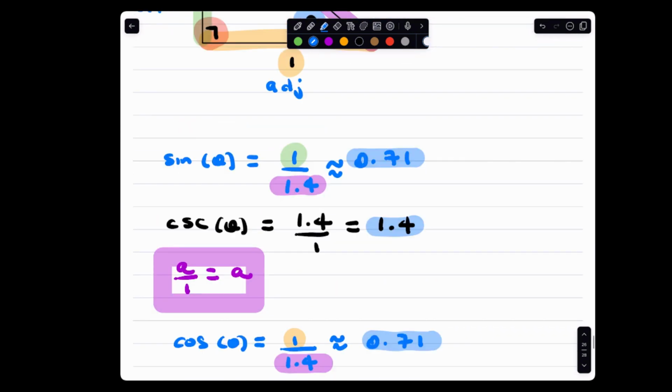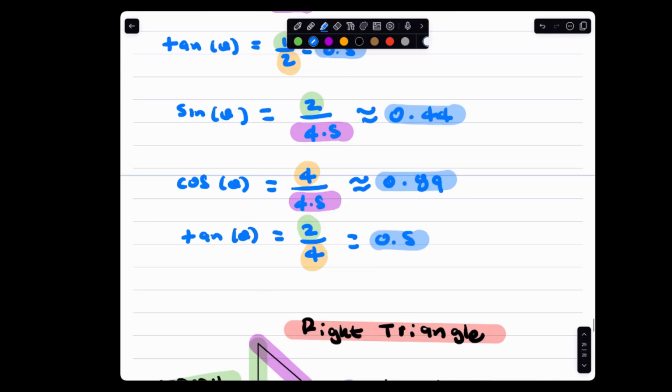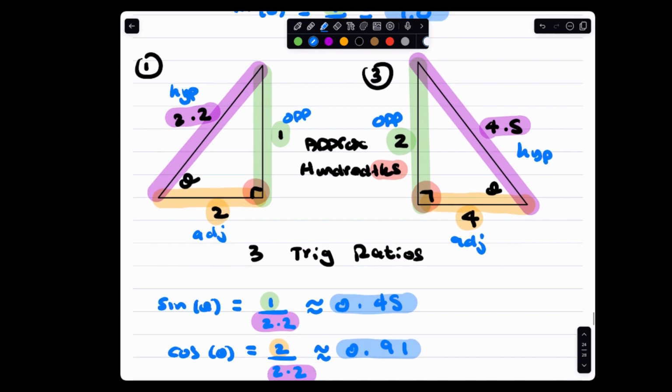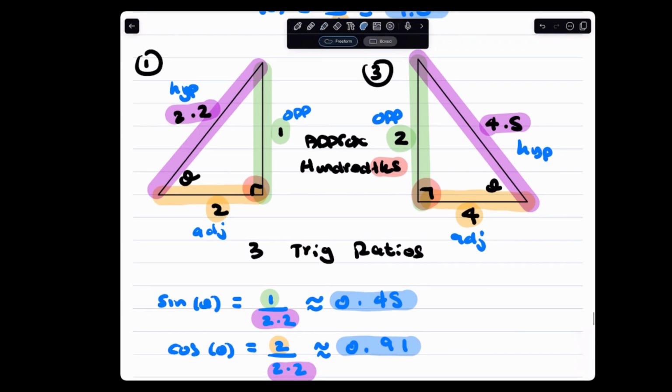So what if they wanted you guys now, just to see if you could do this. What are the 6 trig ratios here?